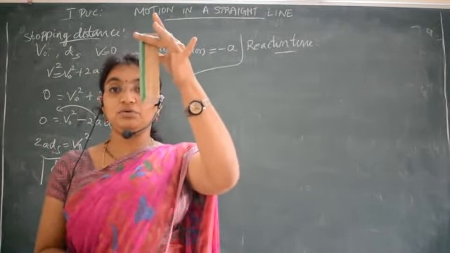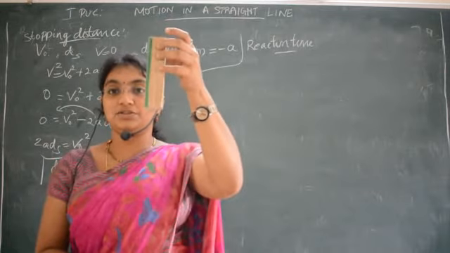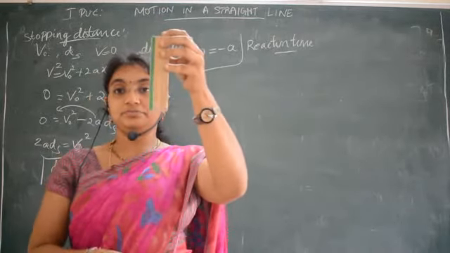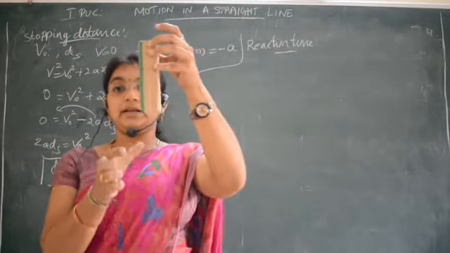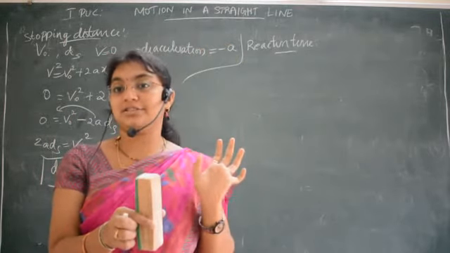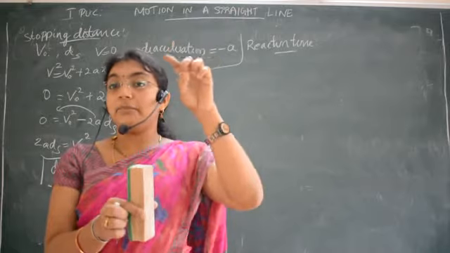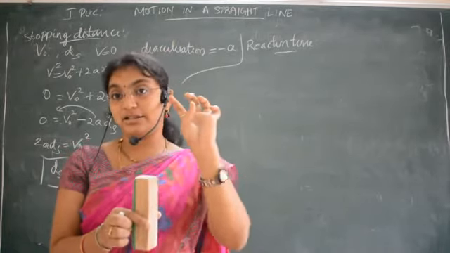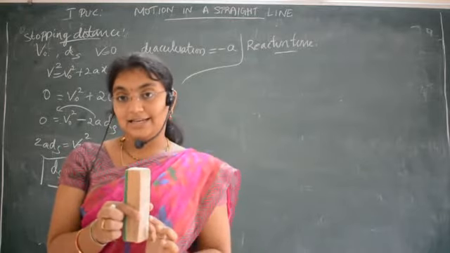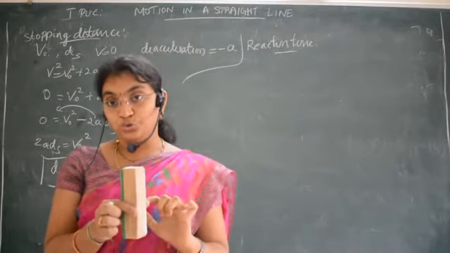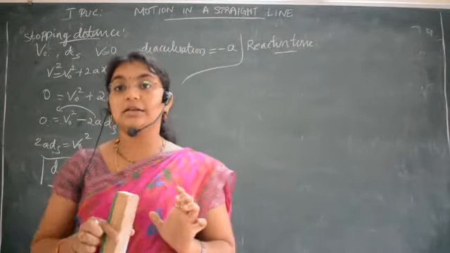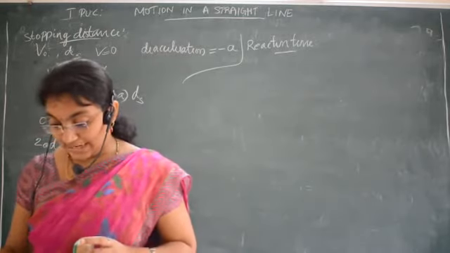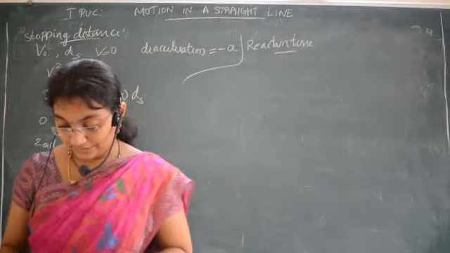Or ask your parents to hold a scale like this at some height. Tell them to drop it. Immediately you have to come and catch it. When you catch it, you have to measure the time taken for the catching. The time taken by you to catch that is nothing but reaction time. Correct? So we can measure the reaction time like this.